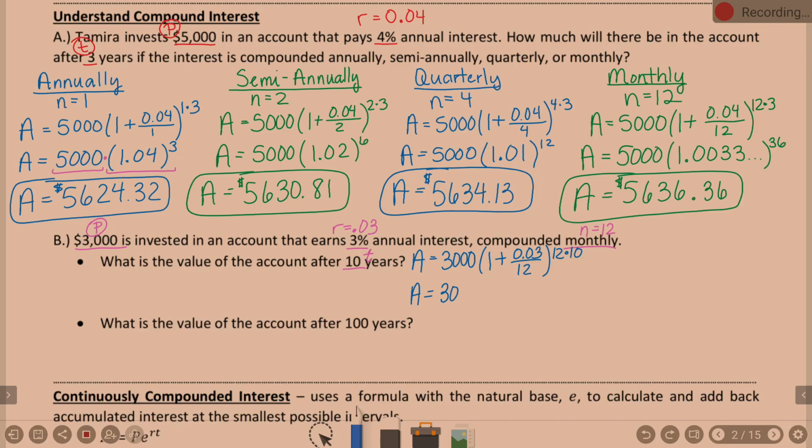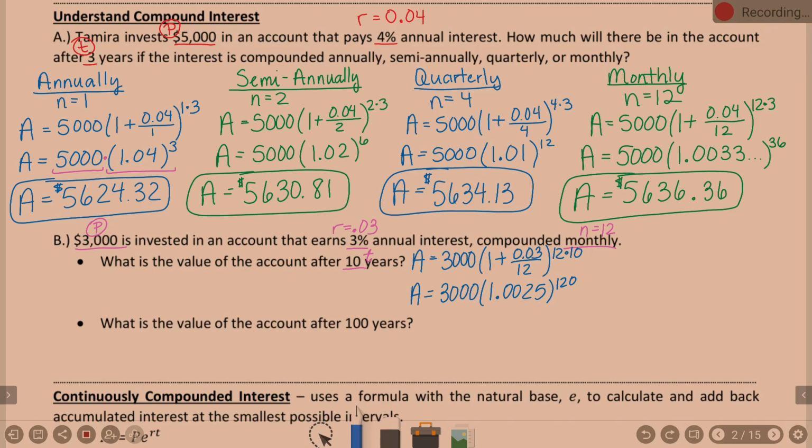So, 3,000. What about in my parentheses? 0.03 divided by 12. And then when you add 1, we're going to have 1.0025, and then raised to the 120th.